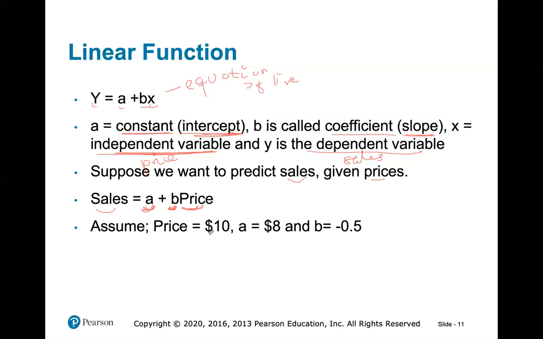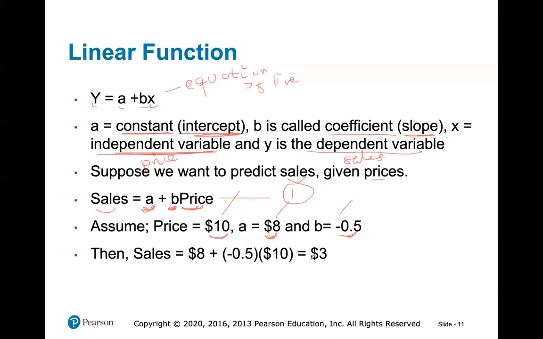If I assume that my price is $10, my constant is $8 and my coefficient is negative 0.5, what is going to be my sales? All I have to do is plug these numbers into this equation, I'll call it equation 1, and my sales is $3.